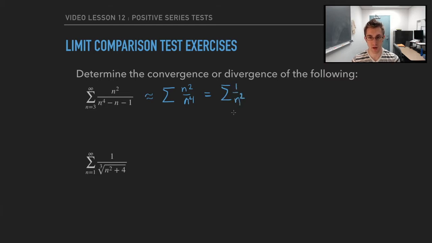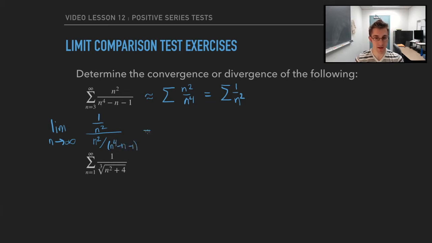So I'm going to compare to 1 over n squared, meaning I take the limit as n goes to infinity of 1 over n squared divided by n squared over n to the fourth minus n minus 1.